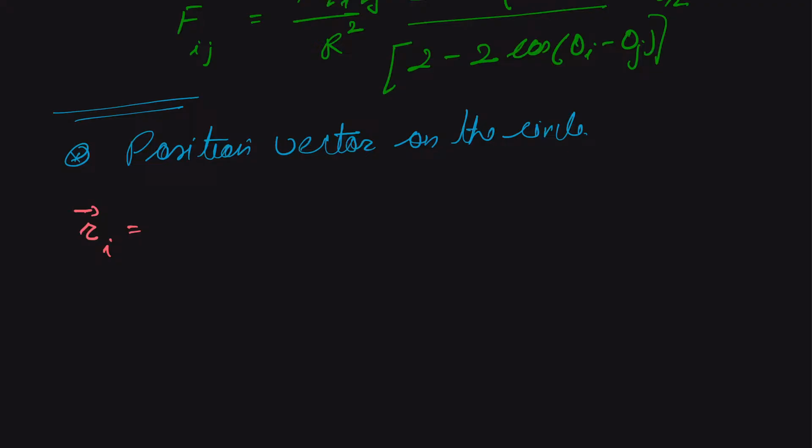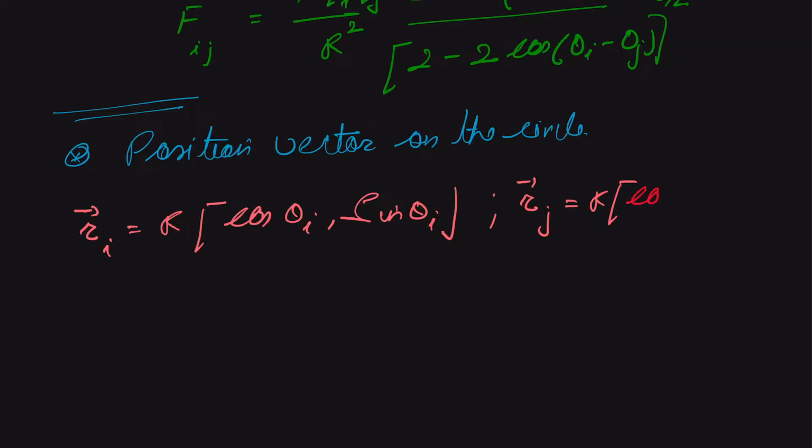Therefore, for our first charge, that is charge i, we get cos of theta i and sine of theta i. Similarly, we can write the position vector for the j charge, which will be equal to cos of theta j and sine of theta j.